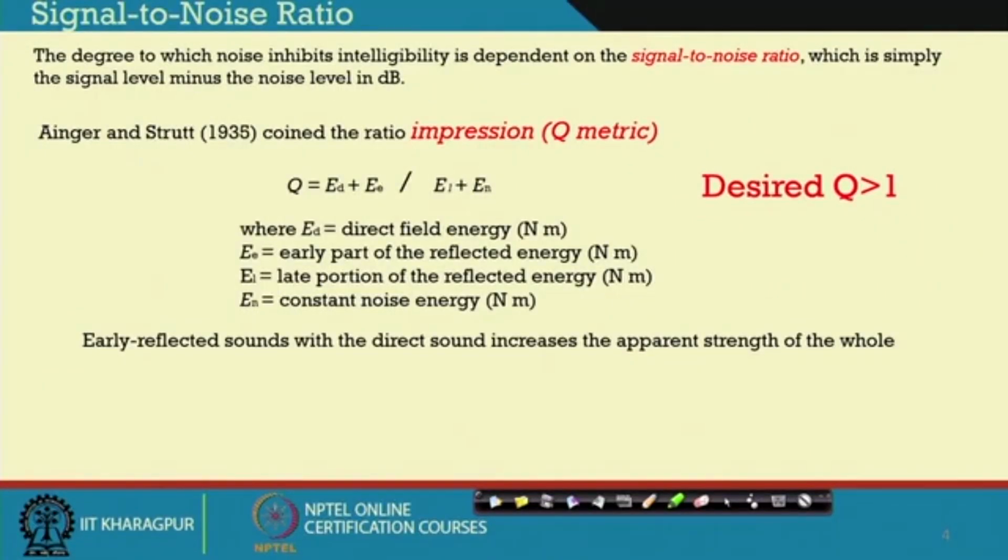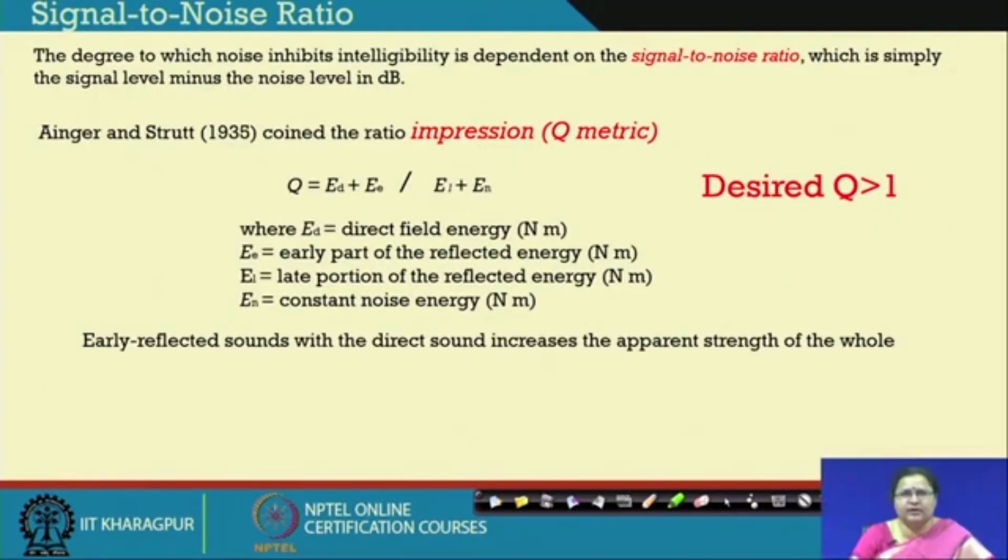So, those are all accounting towards the denominator part. That is why, if Q is more than 1, we are having more positive energy on the signal side, and the higher the denominator is, Q gets lesser than 1, which is highly undesirable.